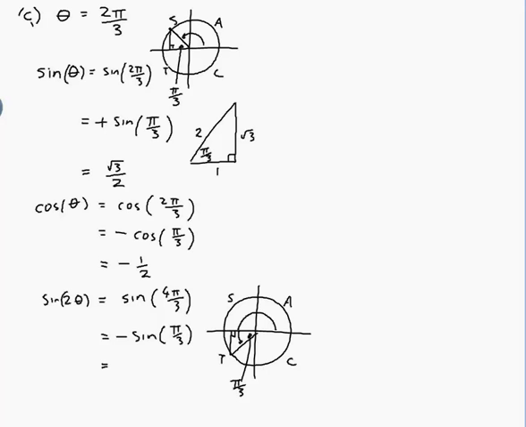So sine of pi on 3 was root 3 on 2, so we get this. Cos of 2 theta would be cos of 4 pi on 3, which again, we're using this triangle that we've just drawn, and the angle in that triangle is pi on 3. And cos is negative in the third quadrant, so it's minus cos of pi on 3. So that would be minus a half.